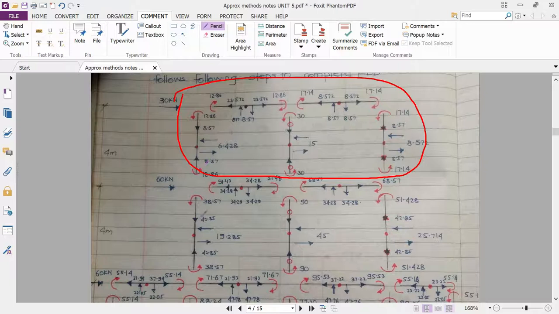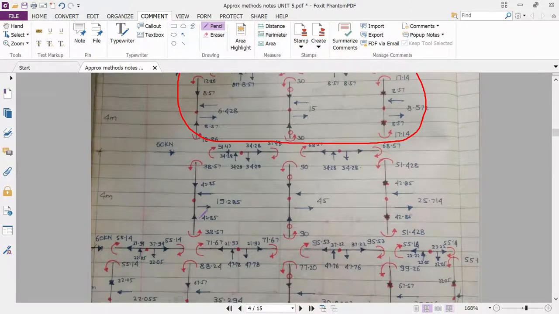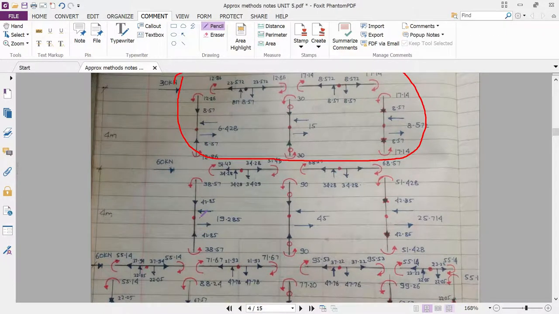between the first and second story. So how will this calculation be done by using the approximate method? In the second case also, you will start by writing the magnitude of the forces calculated because of the external shear.